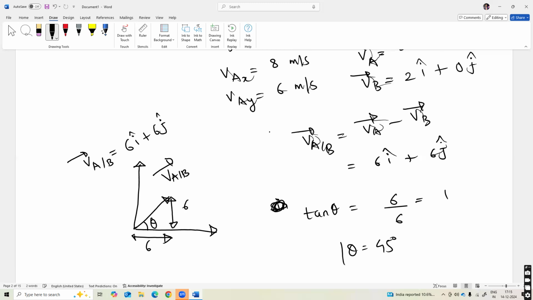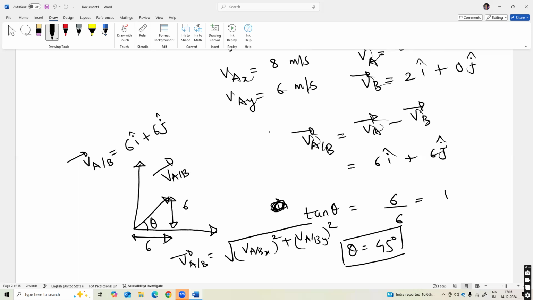Second, they can ask you to find the magnitude of this relative velocity. The magnitude VAB is equal to the square root of the x component squared plus the y component squared. This is from the Pythagoras theorem. You know the adjacent side and the opposite side, and you can easily find the hypotenuse.